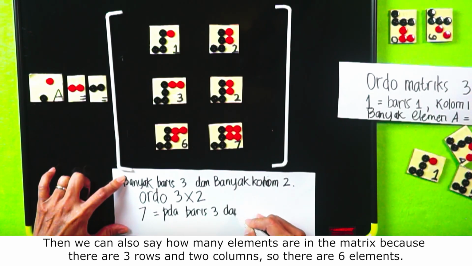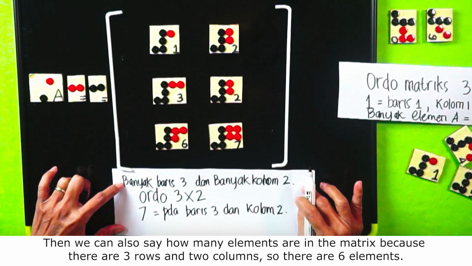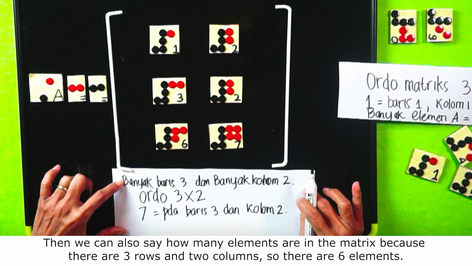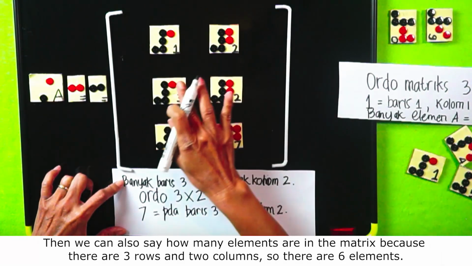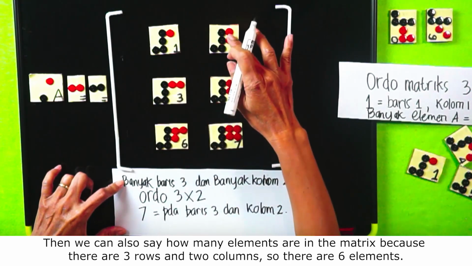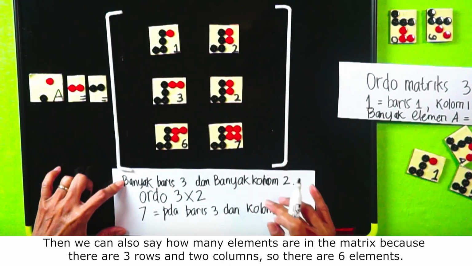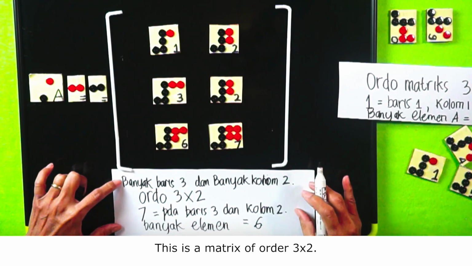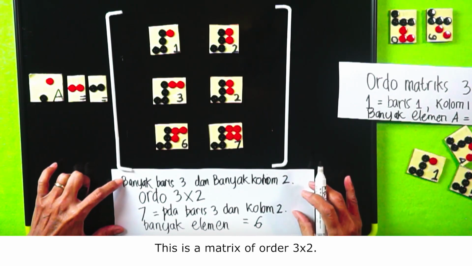Karena jumlah barisnya ada 3 dan jumlah kolom ada 2, maka banyak elemen ada 6. This is a matrix of order 3 times 2.